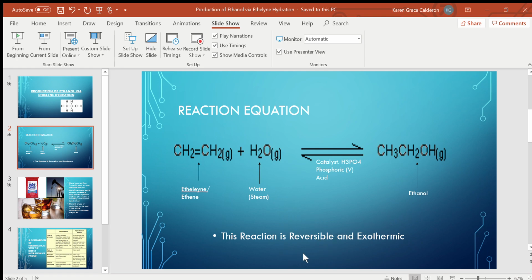Reversible, this is mainly talking about fermentation or the dehydration of ethylene or ethanol itself. Now, that is going to be another topic that I'm sure another student's going to talk about, but hydration can be reversed into dehydration, which is going to be called fermentation itself.